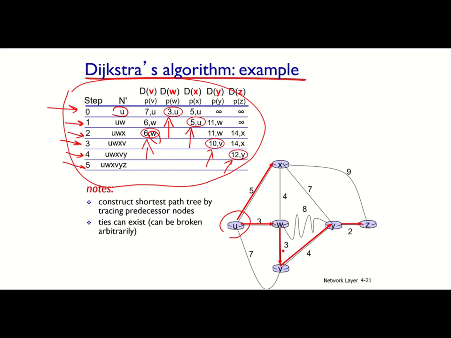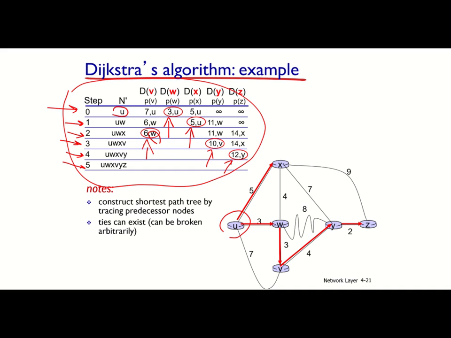You have to use u to reach w because the predecessor of w is u. So this table is enough for you to find out all the shortest paths from u to all other vertices.